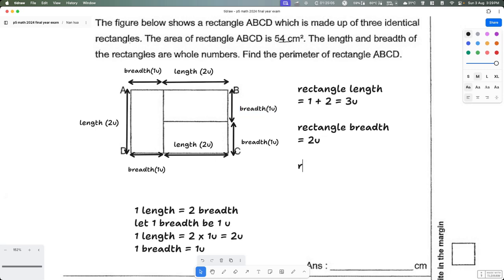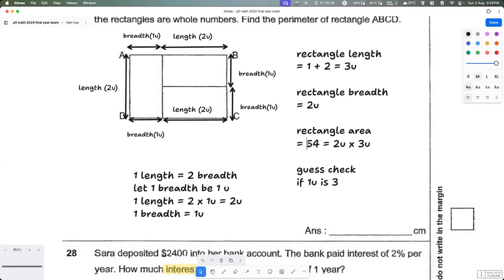So that means rectangle area is equal to 54, which is also equal to 2 units times 3 units, right? So guess and check. What if 1 unit is 3?